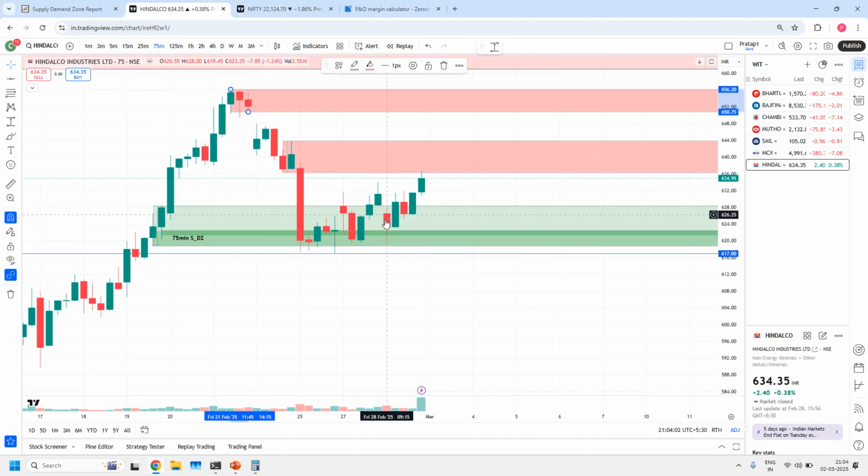But what happened in Hindalco? Even though the zone was pierced, it moved up within the stop buffer. Actually, the reason why it moved so strongly after it pierced is that there is a bear trap below this.